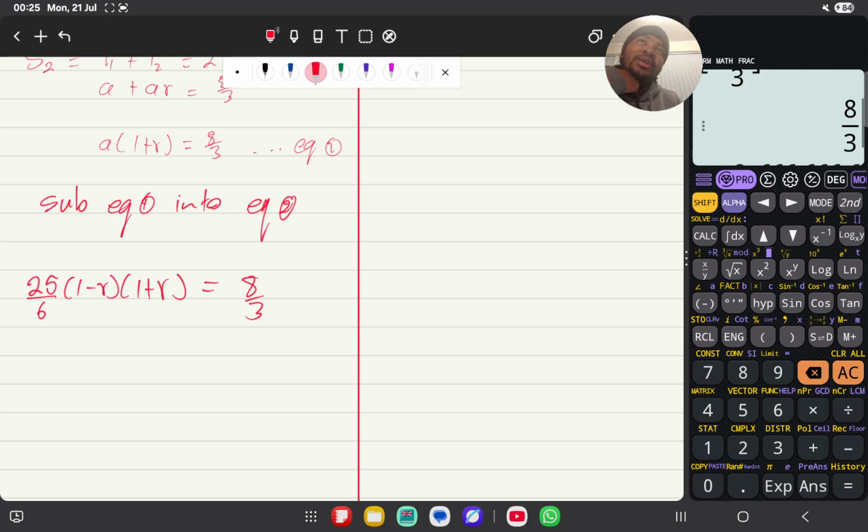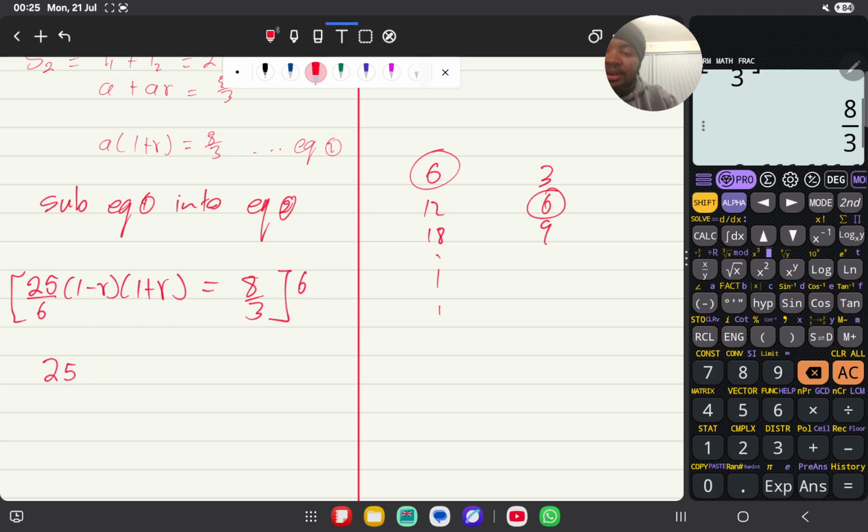You multiply by lowest common multiple. So lowest common multiple is 6, because you have 6, 12, 18, and then you have 3, 6, 9. So 6 is the lowest common multiple. So we multiply by 6, right? When we multiply by 6, this 6 is going to cancel the 6, so you have 25, né?